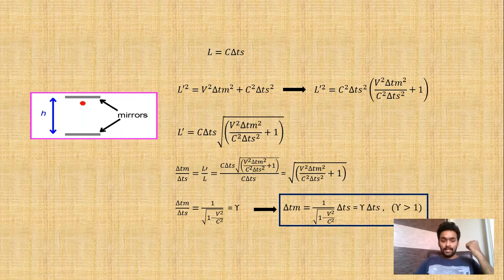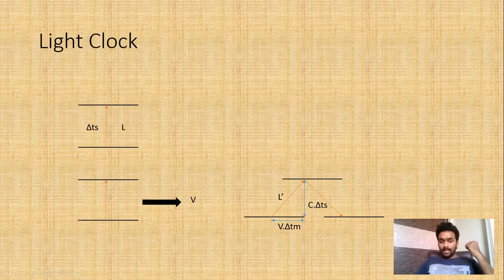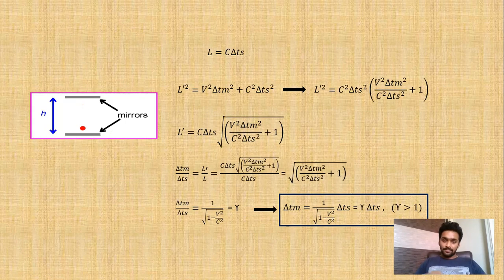So delta Tm by delta Ts is nothing but L dash by L, because the time taken by the light beam is the distance traveled divided by the speed of light, and the speed of light is constant, so it is the ratio of lengths traveled by the photon beam. So L dash upon L, where L is c delta Ts, and after some multiplications, finally we get delta Tm by delta Ts is 1 by square root of 1 minus v square by c square.